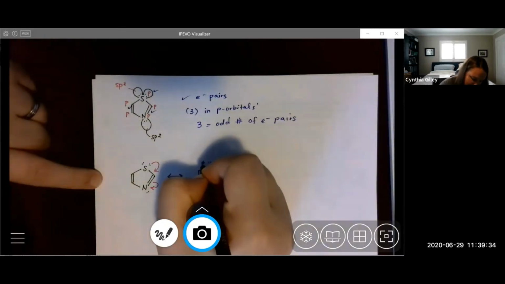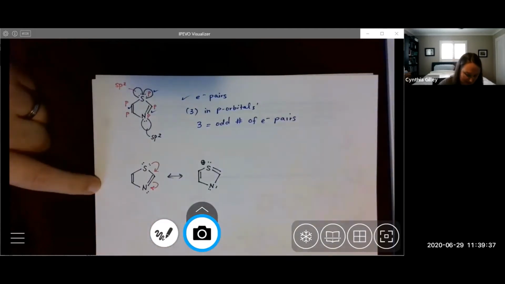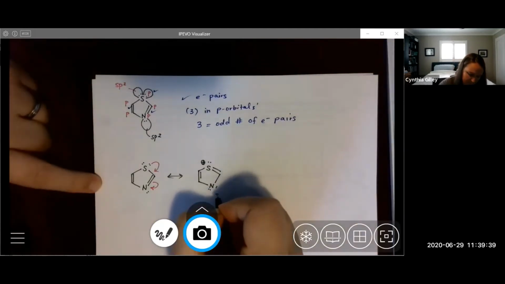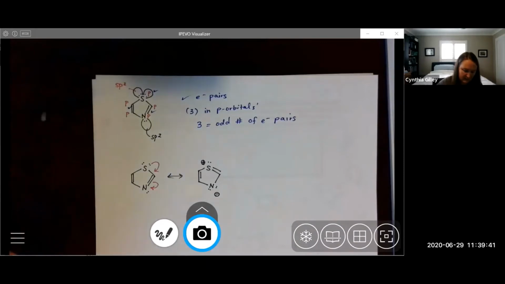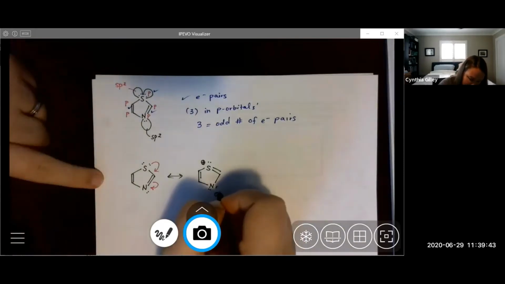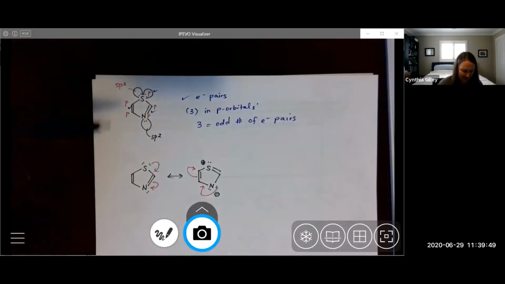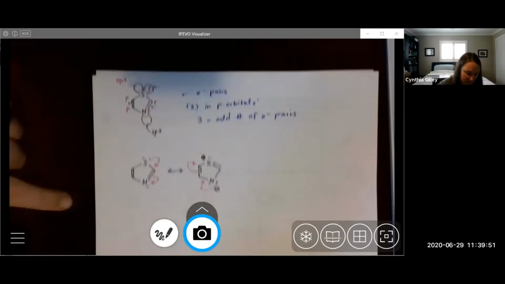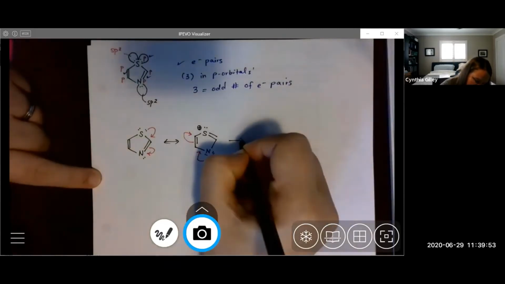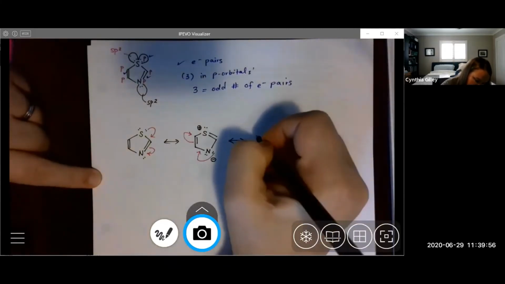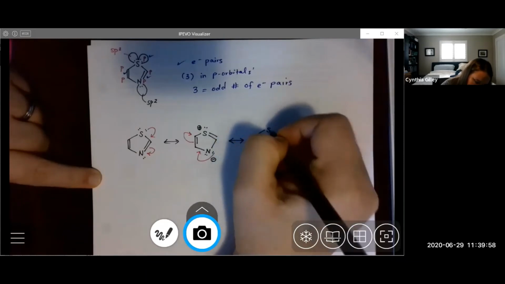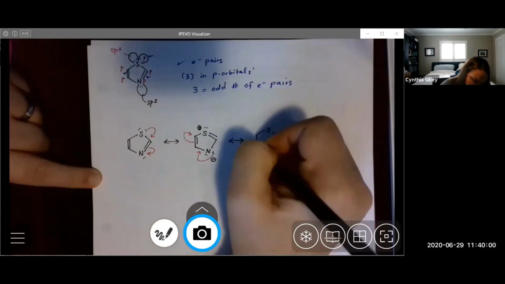Sulfur is kind of like oxygen. So just keep moving one of these lone pairs, doesn't matter which one, in that pattern that we've been doing. And there's 5 atoms in the ring, so there will be 5 resonance contributors.